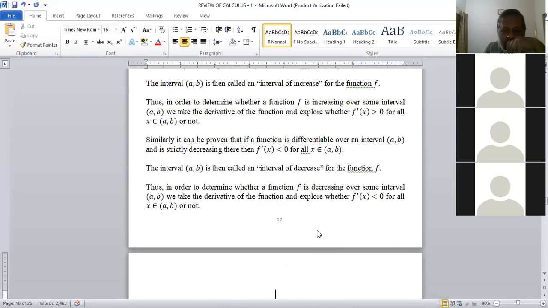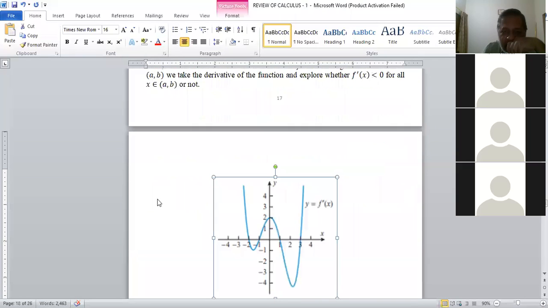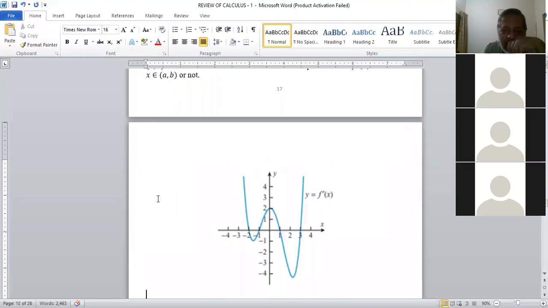In order to determine whether a function is decreasing over some interval, what do we have to do? We take the derivative of the function and explore whether the derivative is negative or not. If the derivative is negative, the function is decreasing on this interval; if the derivative is positive, the function is increasing on this interval. And let us see this graph.